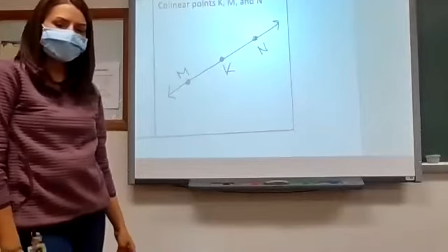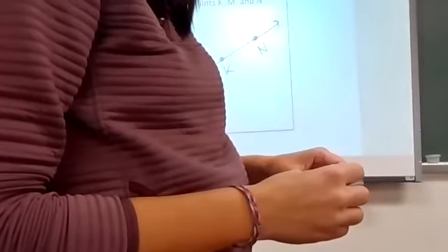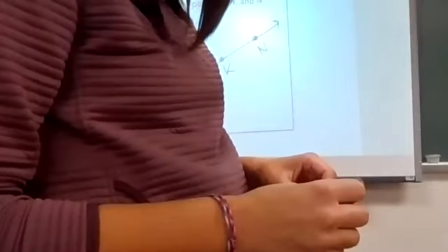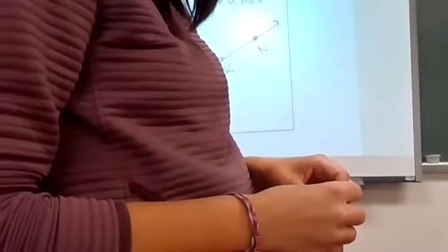Yeah, Jaden, what? Oh, if they're on the same line, they're collinear, yeah. Well, what about the other one, the AFB? What makes that different? It doesn't, they're also collinear.